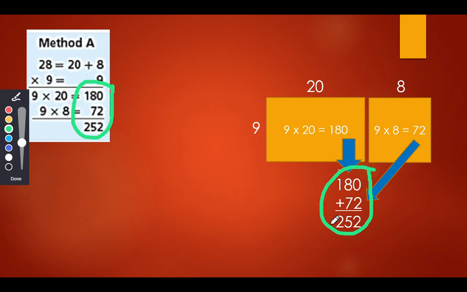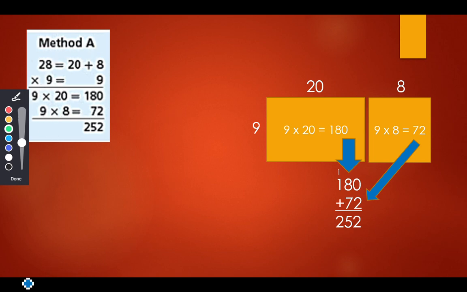And those are the same, and they both equal 252, just like on the last page. So you can see that this method A is a written representation of this area model. Every single part of it is in this expanded notation method.